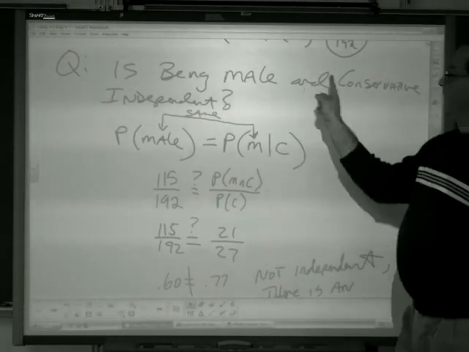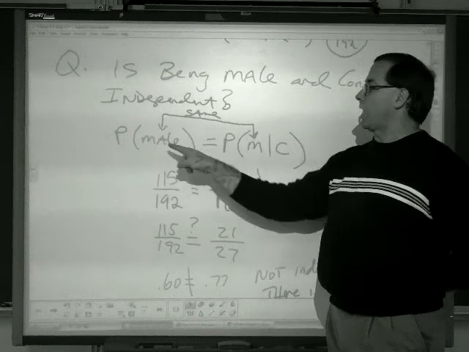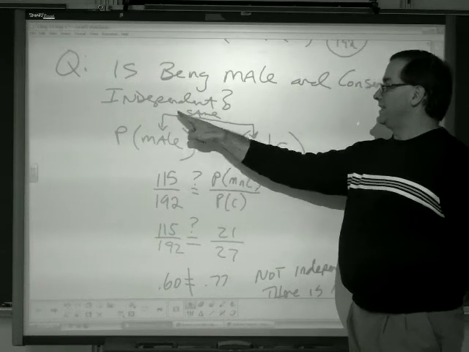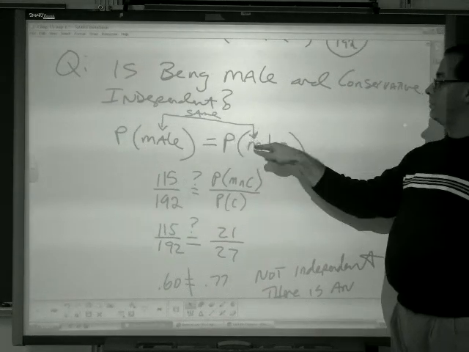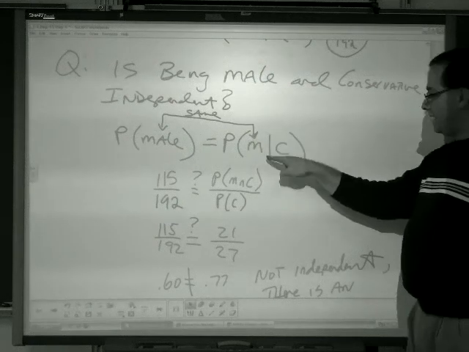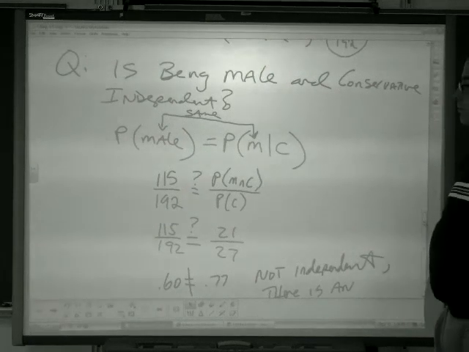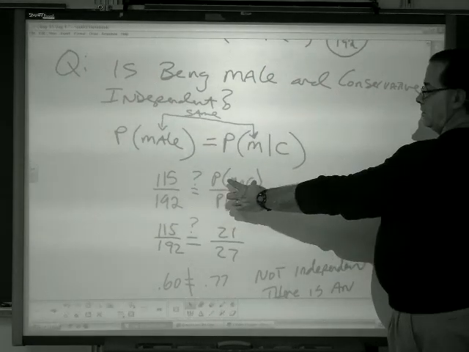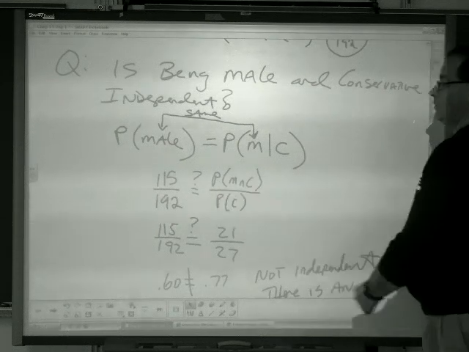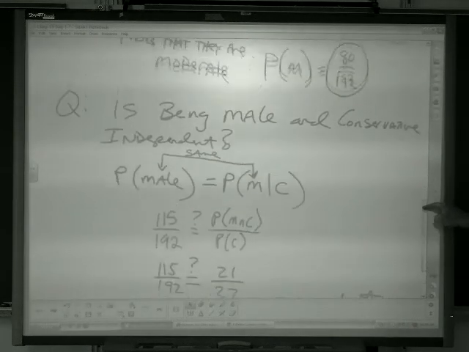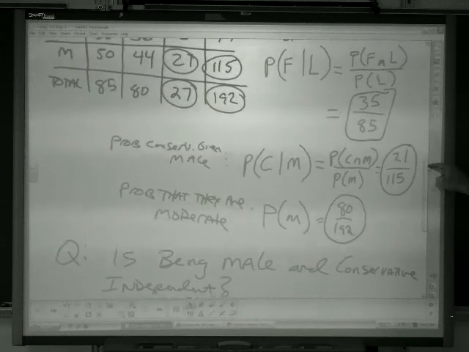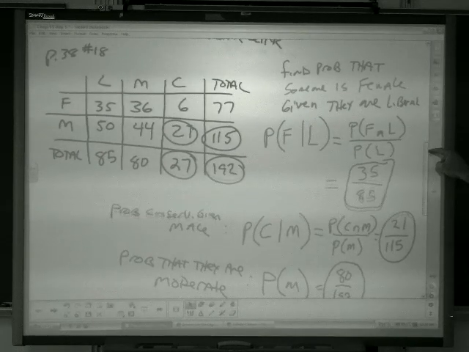Is being male and conservative independent? So is the probability of being male equal to the probability of being male given we're conservative? So again, male and conservative over conservative. All right?